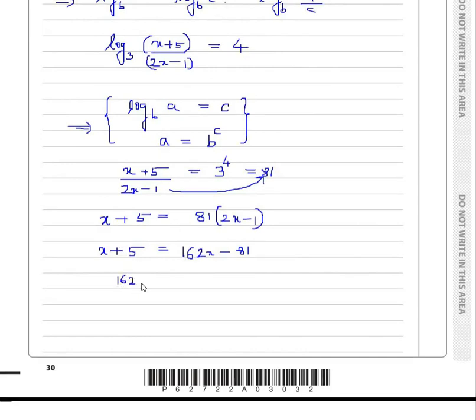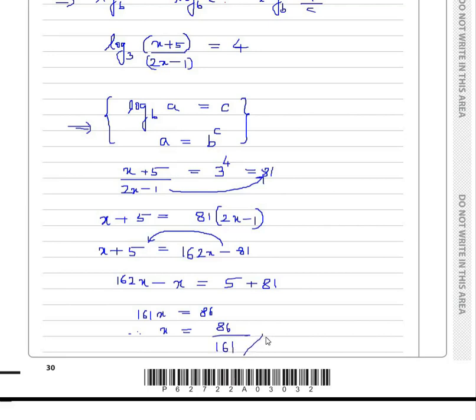It becomes 162x minus x equals 5, and negative 81 goes here and becomes positive 81. So 162x minus x is 161x equals 5 plus 81 gives you 86. Therefore, we have the value of x equal to 86 over 161.